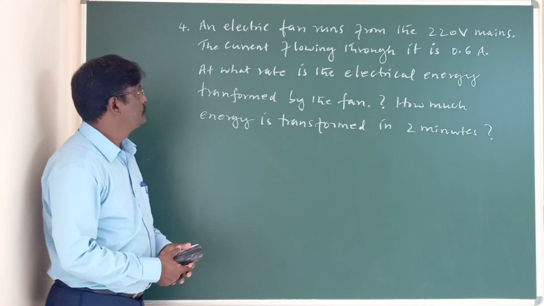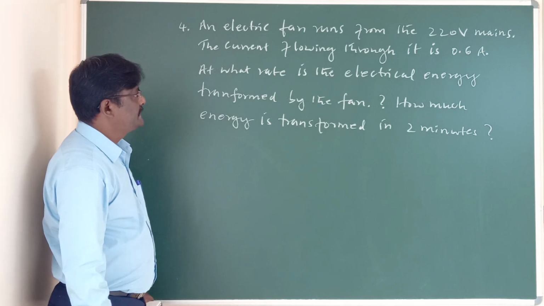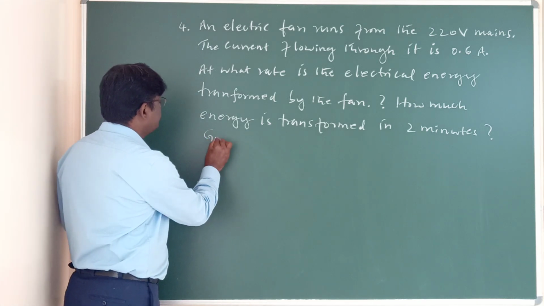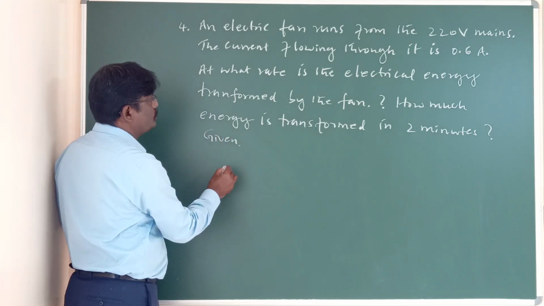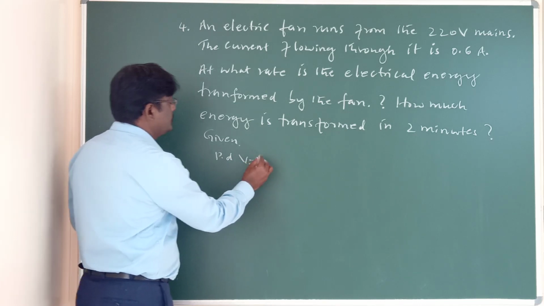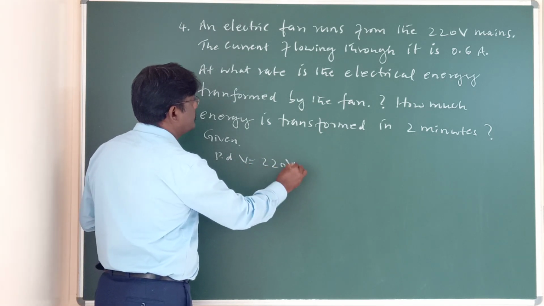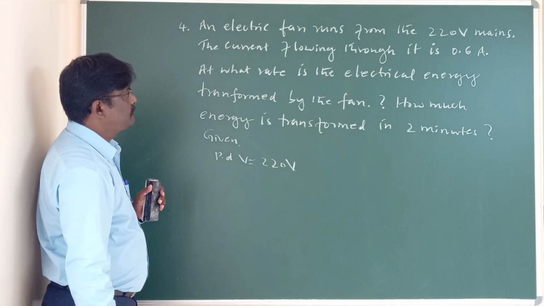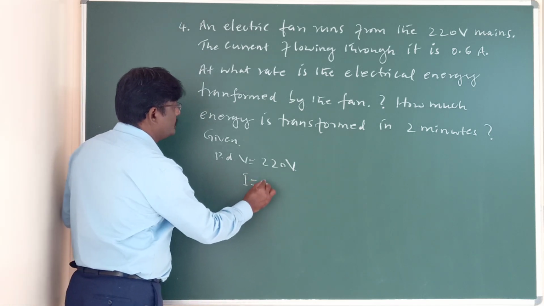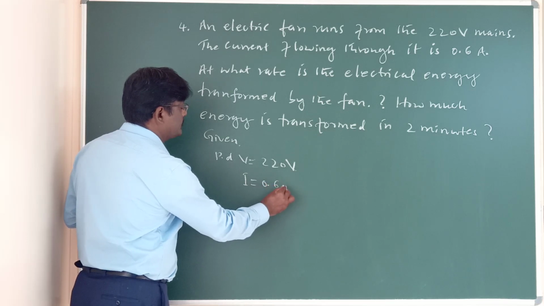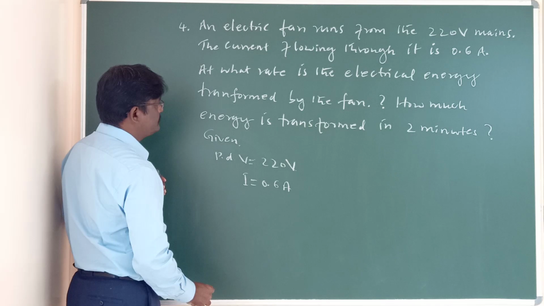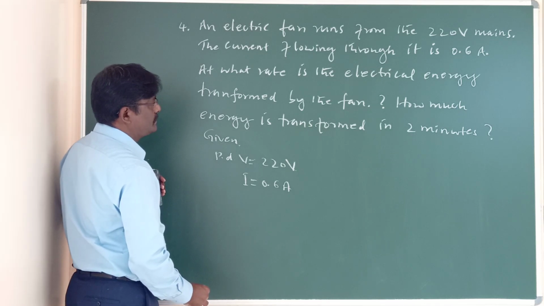The fourth sum. An electric fan runs from the 220 V mains. What is 220 V? It is potential difference, V is 220. The current flowing through it is I equal to 0.6 ampere. At what rate is the electrical energy transformed?